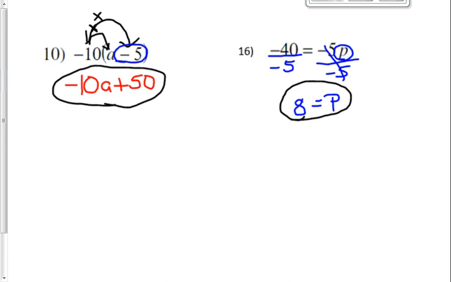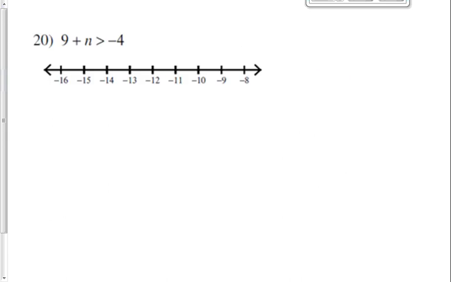Okay, let's look at one more problem in our last examples. Let's look at problem number 20. Everybody find problem 20. Okay. Problem 20 is actually an inequality this time, but we're going to do it the same way as an equation. I have 9 plus n is greater than negative 4.